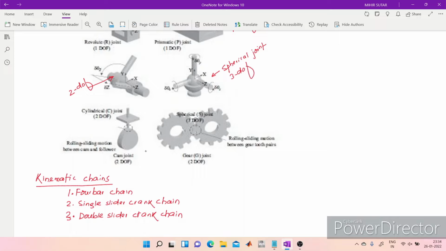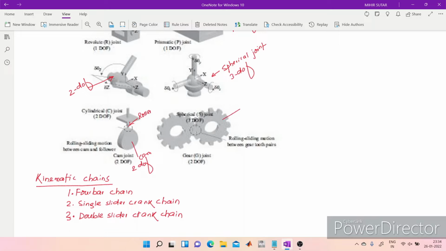Okay, likewise if you take a roller cam mechanism, here this portion is the roller and this one is your cam, so it is having 2 degrees of freedom.